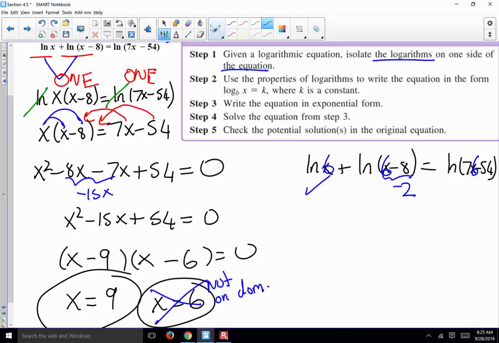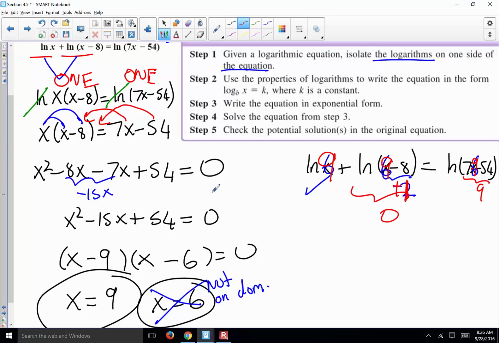How about 9? So back up and try 9 now. Can you compute ln 9? About 9 minus 8? Yes, it's positive 1. Perfect. About 7 times 9 minus 54? 63 minus 54 is 9. So it works. You can even compute this. ln 9, ln 1 is 0. ln 9, ln 9 match, you see?